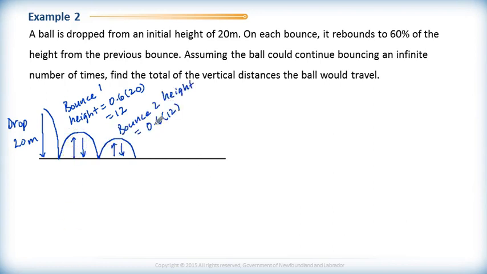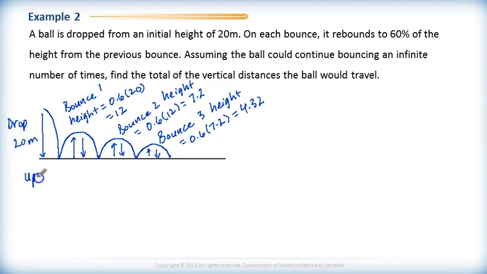On bounce 2, the ball gets up to a height of 60% of 12. Decimal 6 times 12 is 7.2 meters. On bounce 3, it gets to 60% of 7.2, which is 4.32 meters, etc. So let's deal with the ups first.